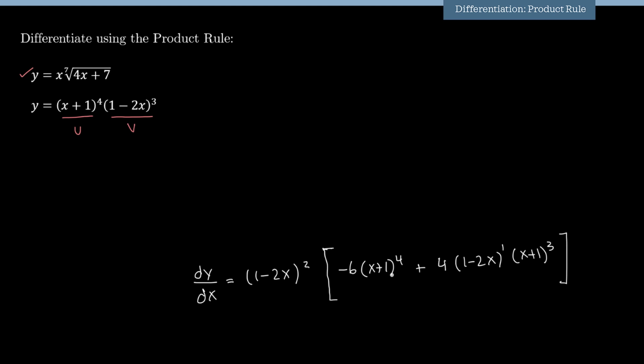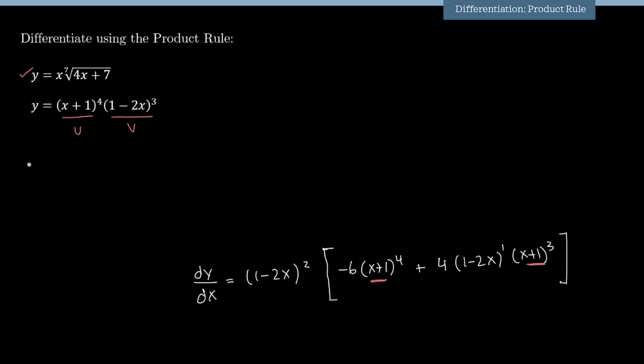In the bigger bracket, I have another factor again. I have x plus 1 in the first term and x plus 1 in the second term. In the first term, I have (x plus 1) to the 4, and in the second term, I have (x plus 1) whole cube. So I can factor out (x plus 1) whole cube because it's present in the first term and also in the second term.